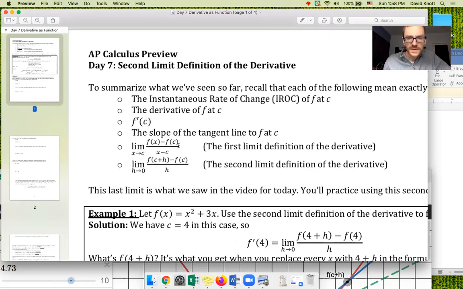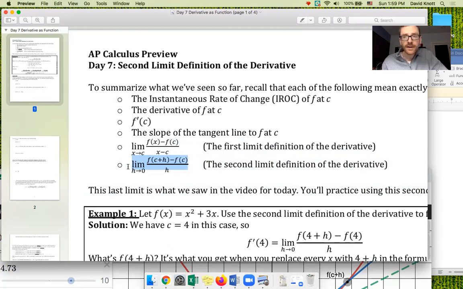Typically, this definition, the one that we've been using, is sometimes called the first limit definition of the derivative. And this one here, the one that I just derived, is called the second limit definition of the derivative. I promise that if you use either one of these limit definitions, you'll always get the same thing. It doesn't matter which one you use. However, the second one is typically a lot easier to work with.